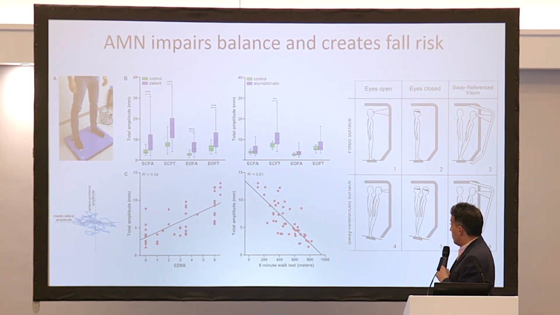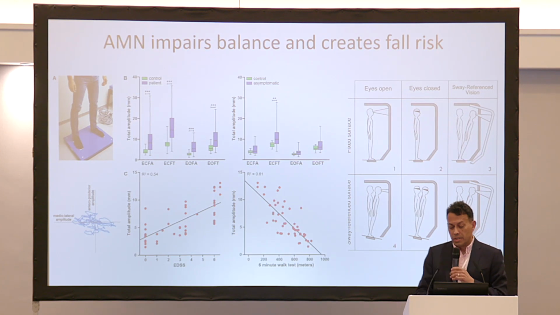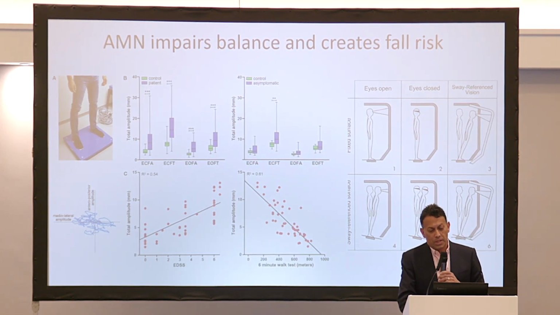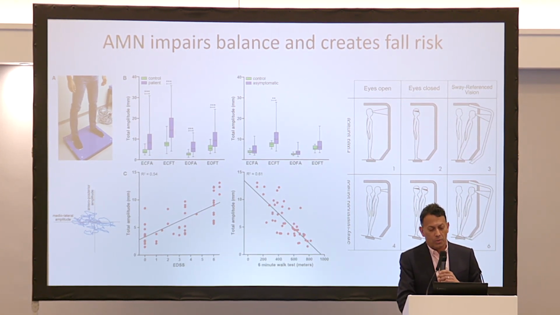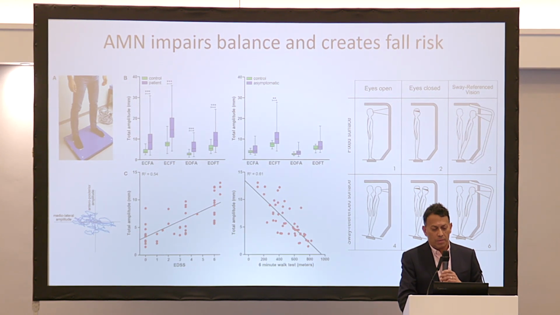And we have also been studying various conditions where we can understand what patients with AMN are going through as they face circumstances that might put them at fall risk.